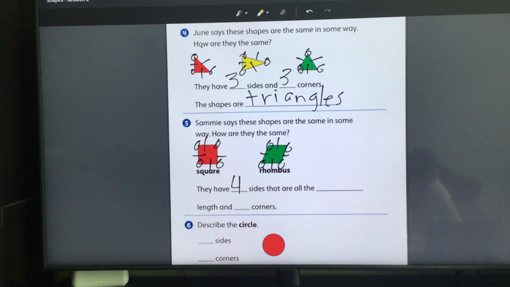Would it make sense to say 4 length? No. The length is from here to here and from here to here. They are all the same length. That means the sides are all equal. And they have 4 corners.